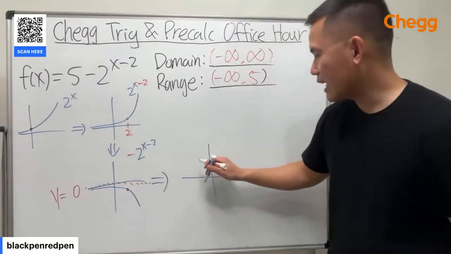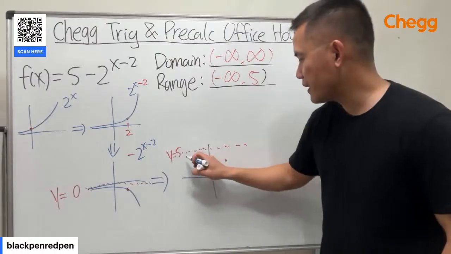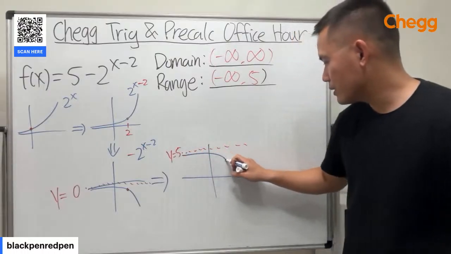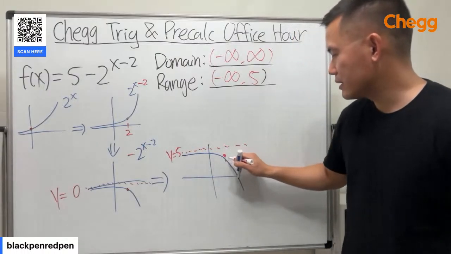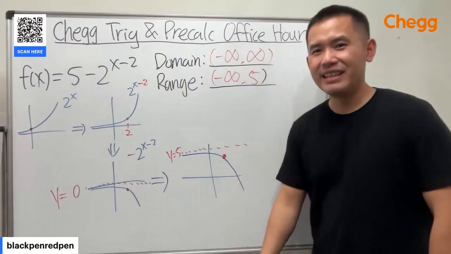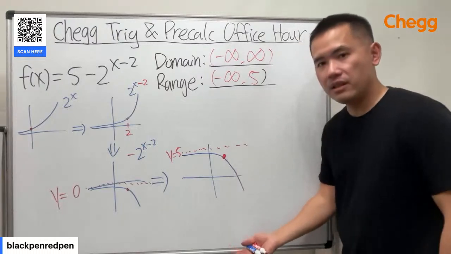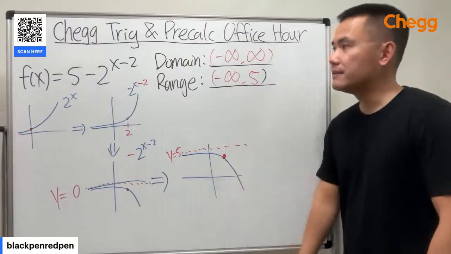But once you go up 5 times, the horizontal asymptote will be at y equals 5. And then the graph will look something like this, just like that. Therefore, the range goes from negative infinity up to 5. All right?